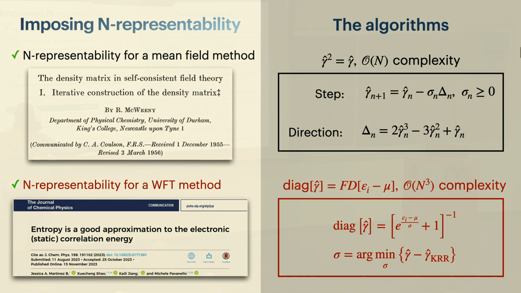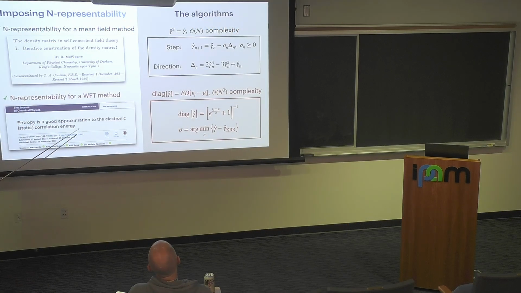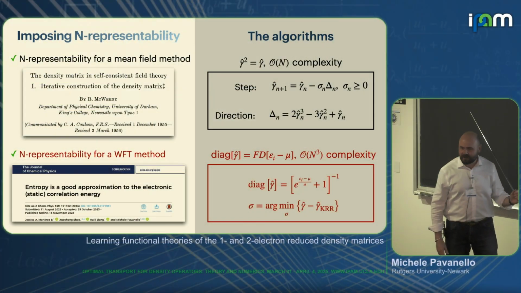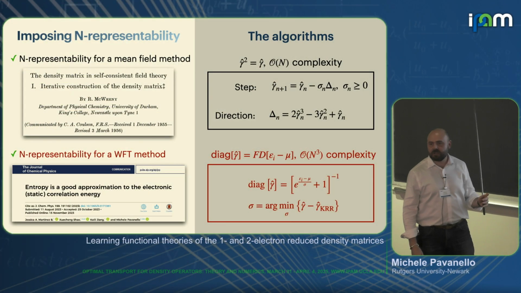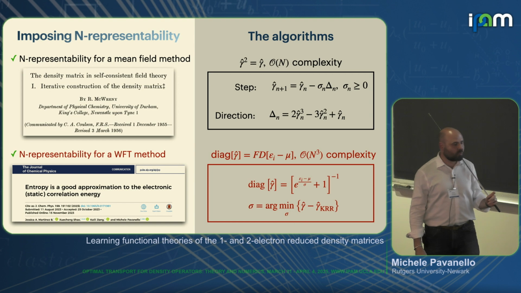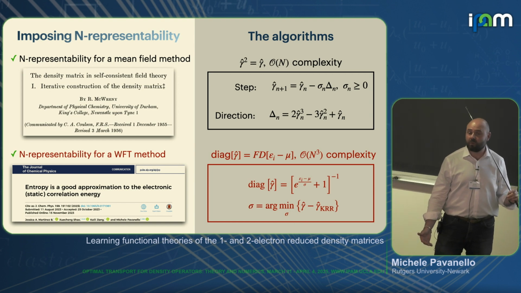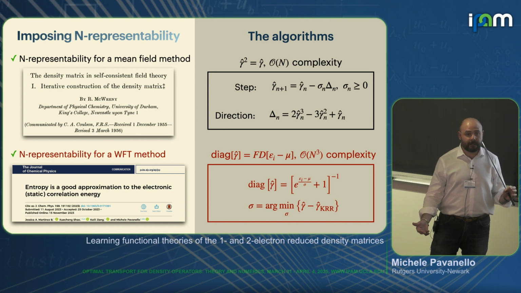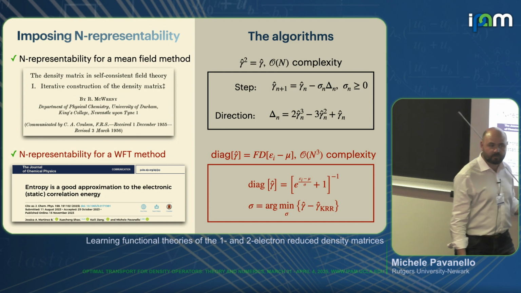What about correlated RDMs? Well, we were working on totally different things. We were looking at, well, now looking at this workshop, maybe not so totally different, static correlation functionals. And we realized that actually the Fermi-Dirac distribution will fit your 1-RDM occupations almost perfectly in almost everything you look at.